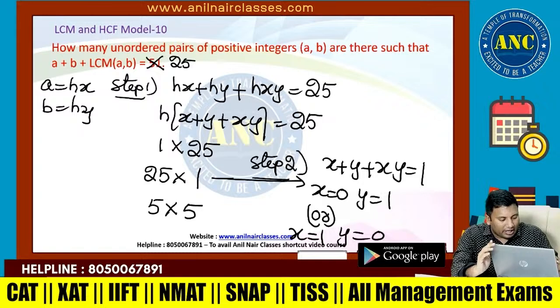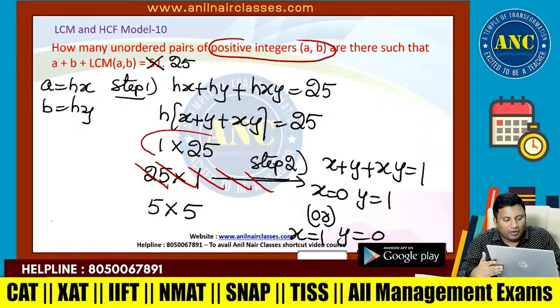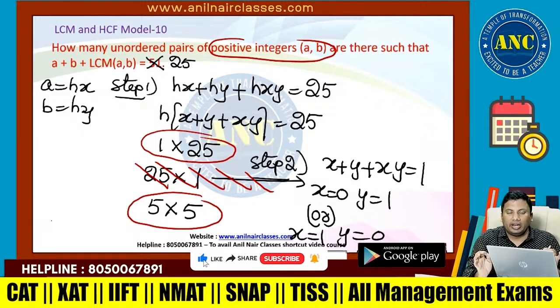X and Y cannot be 0 because it's a positive integer. Second value is eliminated. Only 2 values I got, 1 into 25 and 5 into 5. Till here clear, right? I will take this case as step 3.